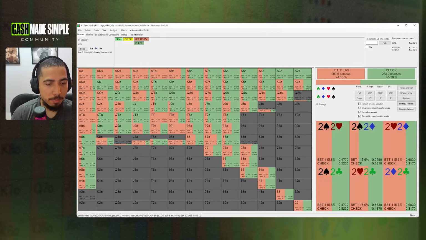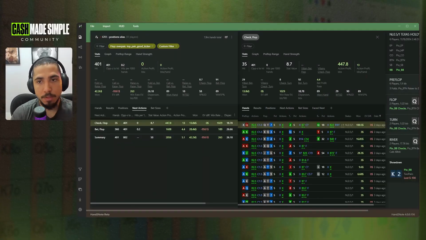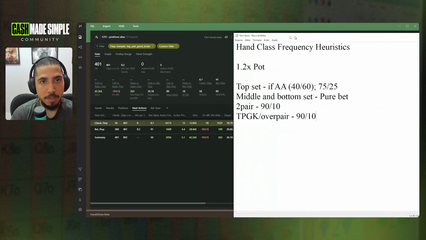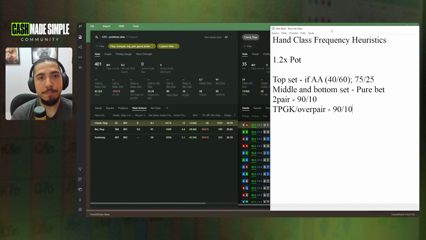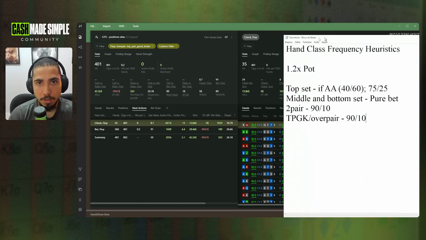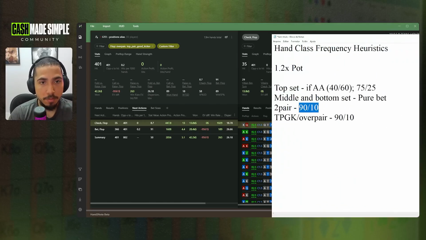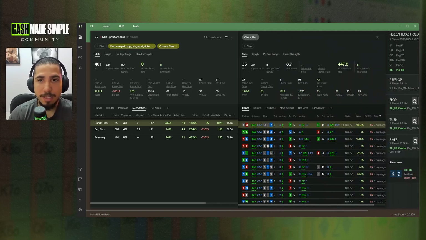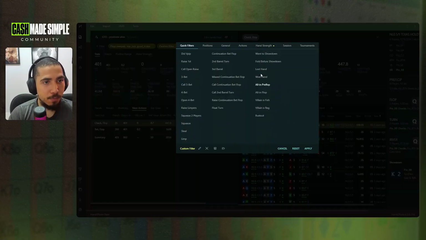So top pair good kicker and over pair 90-10 split. You could maybe shift them to 100% depending on the circumstance, because this is not part of any of our buckets, right? 80-20, maybe you still play a bit more so that you can put it in one of the buckets. But anyways, 90-10 is the frequency here.